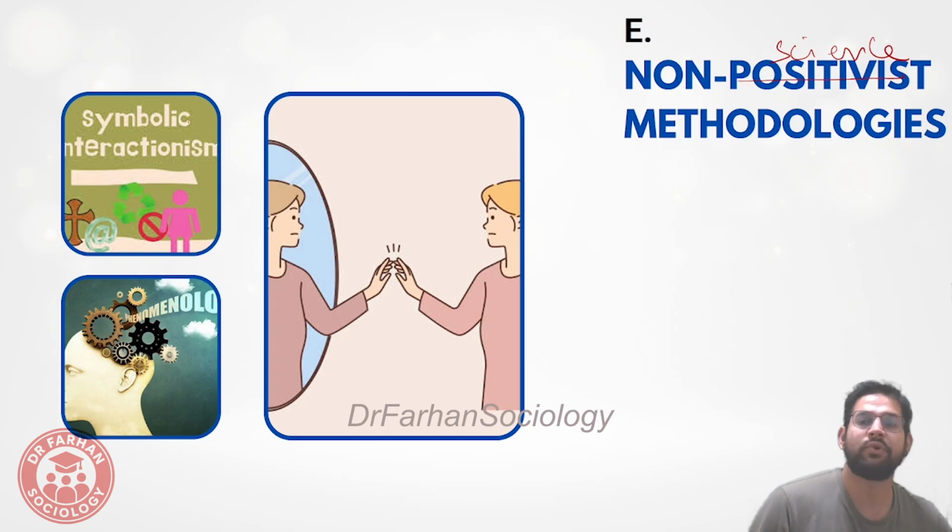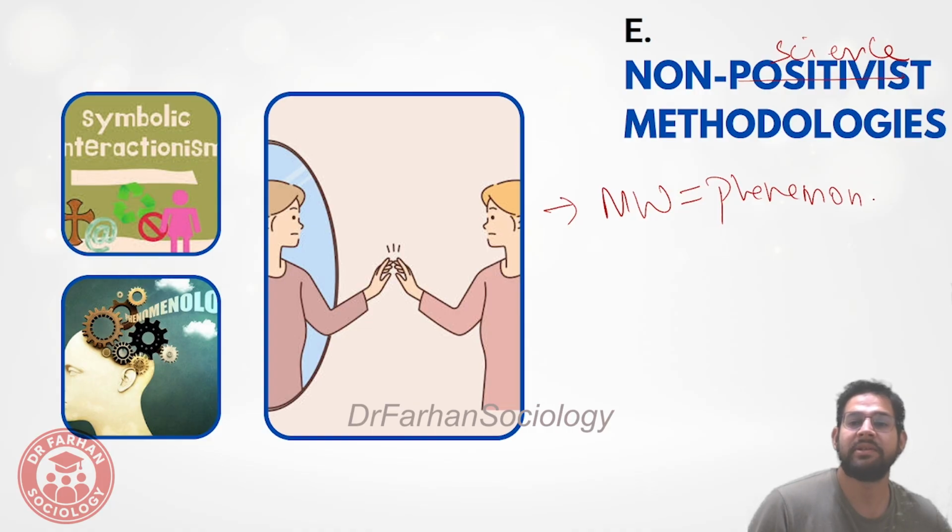I have just told you, positivist means what? A person who studies sociology like science. So these are those people who are telling it is not like science. If you remember, I told one of the most popular persons in this was Max Weber. He was trying to tell that studying sociology like science would be considered a blunder. He is associated with phenomenology.